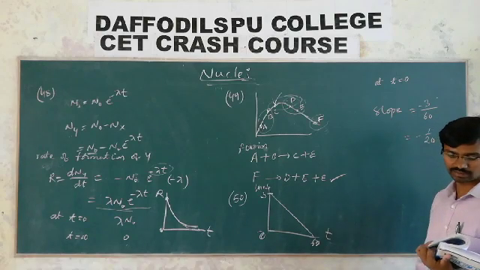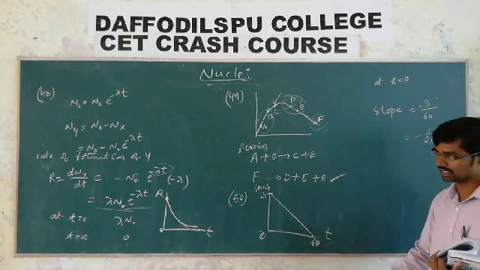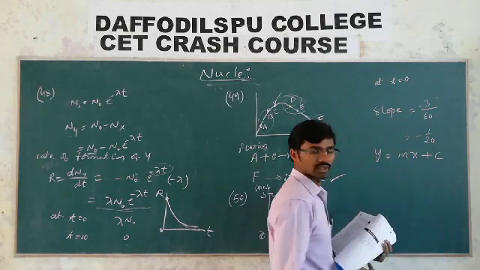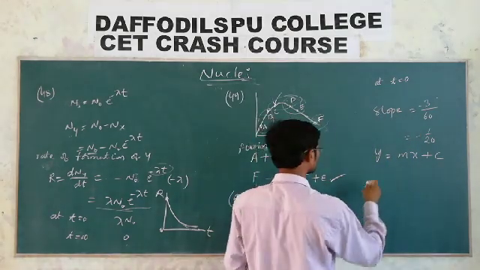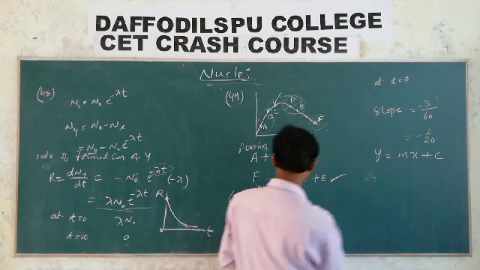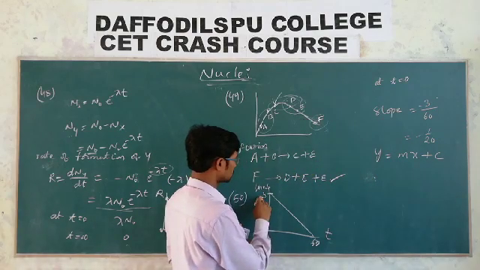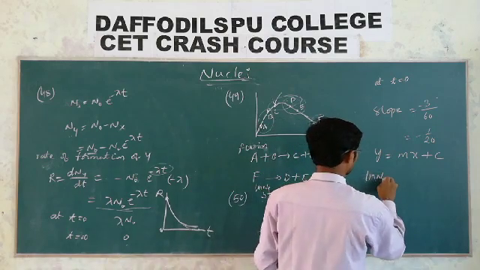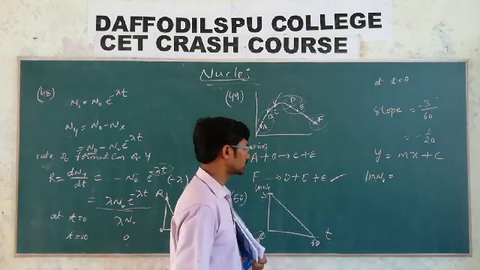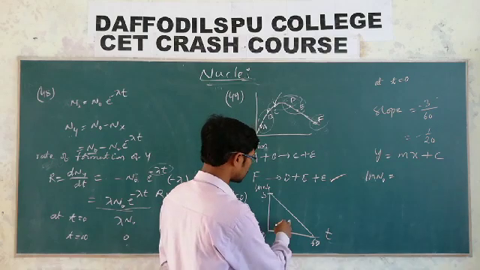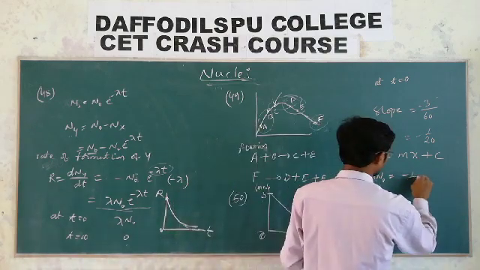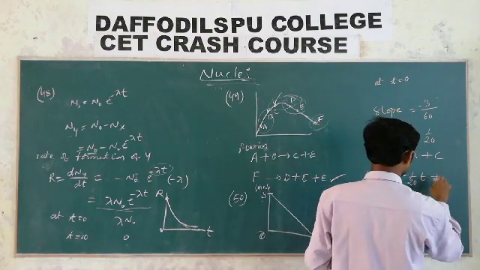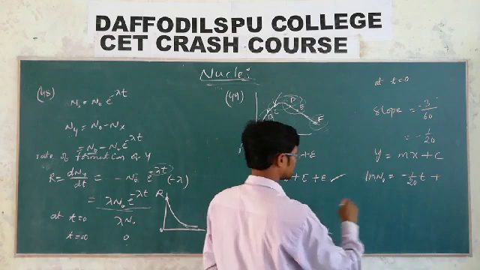Next, we write the equation based on this. Because it is a straight line, y is equal to mx plus c. Now y is Ln N, and 3 is a constant. Then Ln N naught is equal to m, the slope, minus 1 by 20, X is T, plus c. What is c? 3.